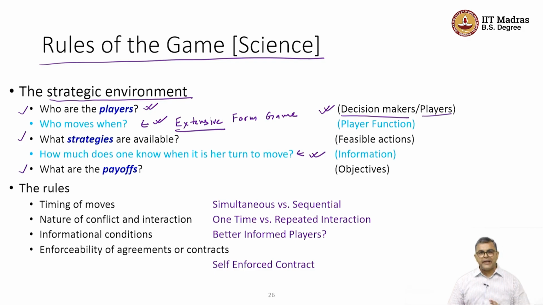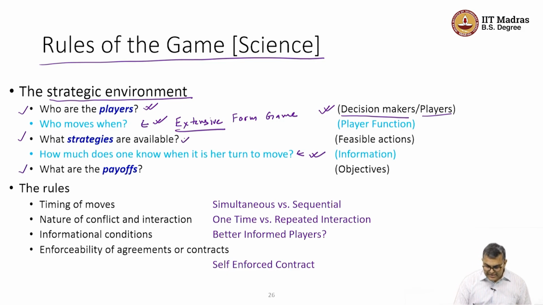So, who moves when is not important in the simultaneous move game, because we assume all the decision makers, all the players, are deciding simultaneously. When they are deciding, they do not know what other players have done. That is not the case in the extensive form game. In an extensive form game, it is important to describe that one player moves after which particular move. All the details would be required there.